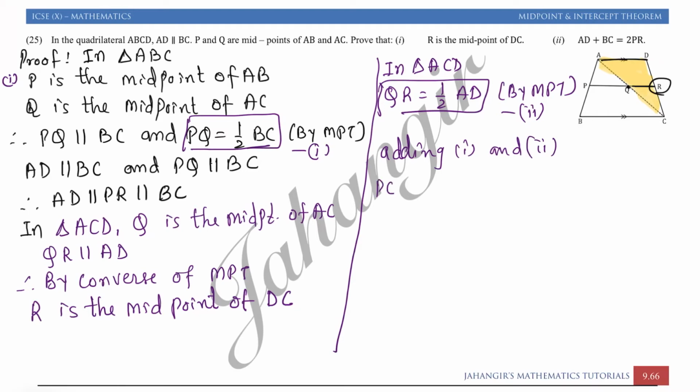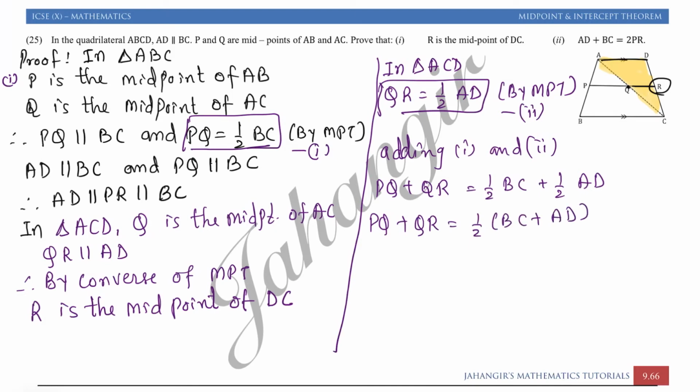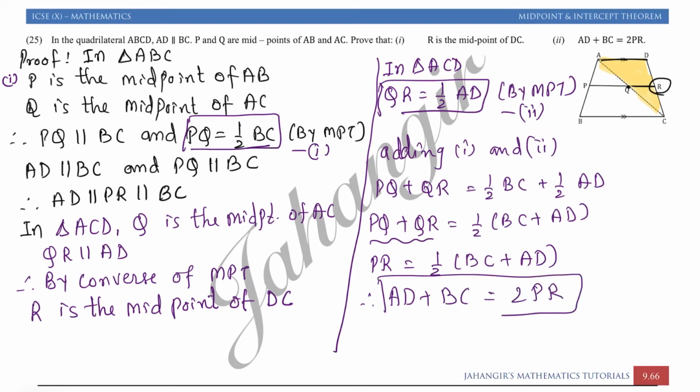We can say PQ plus QR is equal to half BC plus half AD. So PQ plus QR is equal to half common BC plus AD. Adding PQ plus QR you will get PR is equal to half into BC plus AD. So therefore finally we can say AD plus BC is equal to 2 PR.